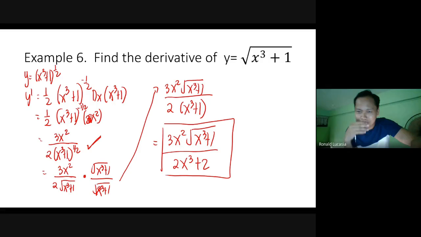Oh, nabago. 12x cube root, square root ba yan o cube root yan, Jeril? I think cube root, square root, 6x.